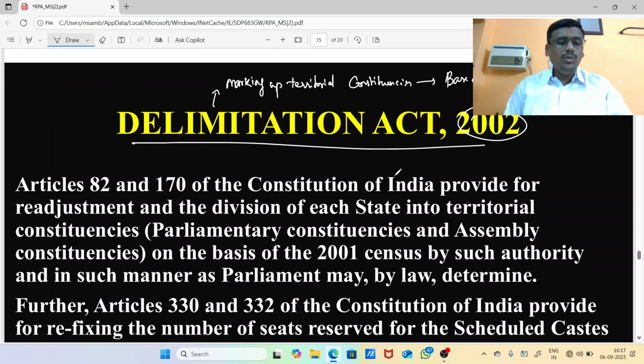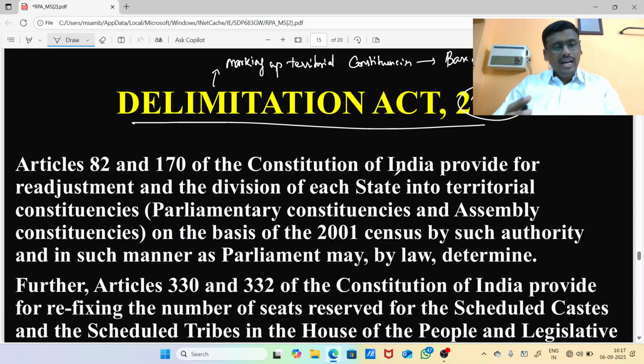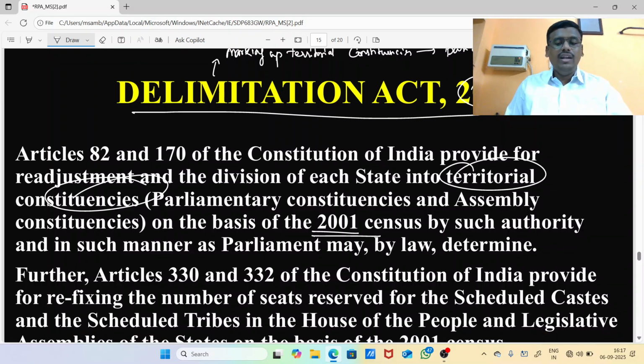So Article 82 and 170 speak about the readjustment and the division of each state into territorial constituencies, which is for parliamentary constituencies. It is done on the basis of the 2001 census. By such authority and in such manner as Parliament by law can determine. So this Delimitation Act has been framed to have a territorial readjustment based on the population of the 2001 census, but unfortunately it does not take place.